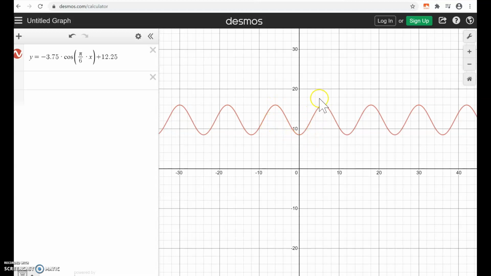So what's this graph telling us? Well, it tells you the hours of daylight per month, so you can see 0 is January, or well, I guess 1 is January 1st. You can see the y coordinate is about 8 point something. That tells you that in January, the dead of winter, you've got about 8 point something hours of daylight.